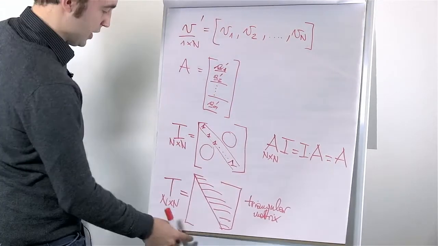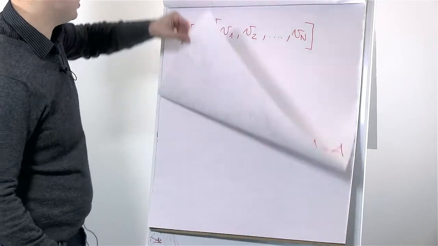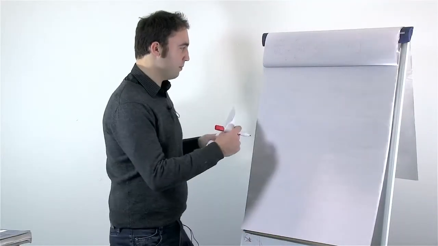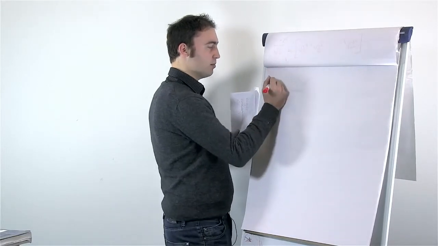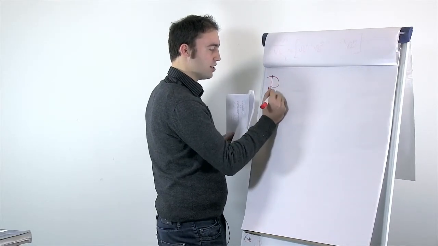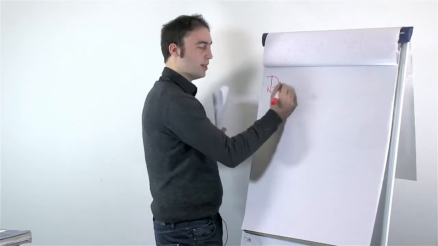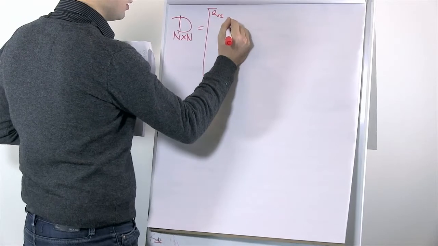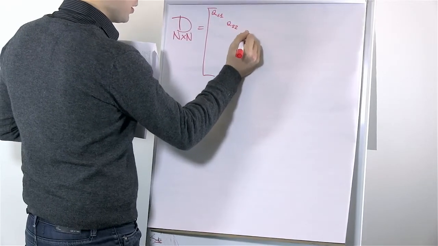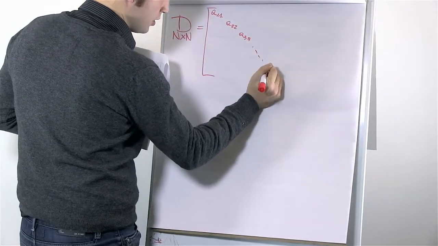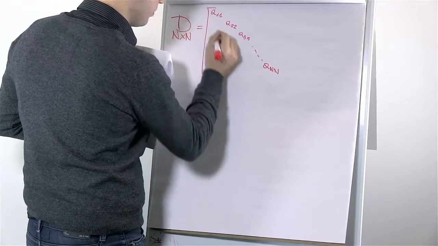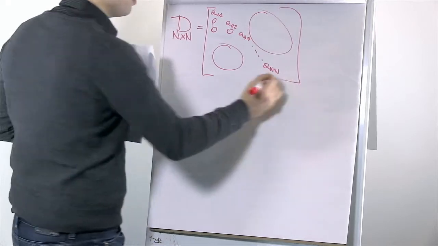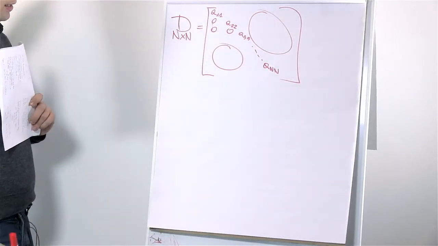Another special matrix that you need to know is the diagonal matrix, which we can call D. It is always a square matrix and has all the numbers on the diagonal: A11, A22, A33, up to Ann, and 0 everywhere else.